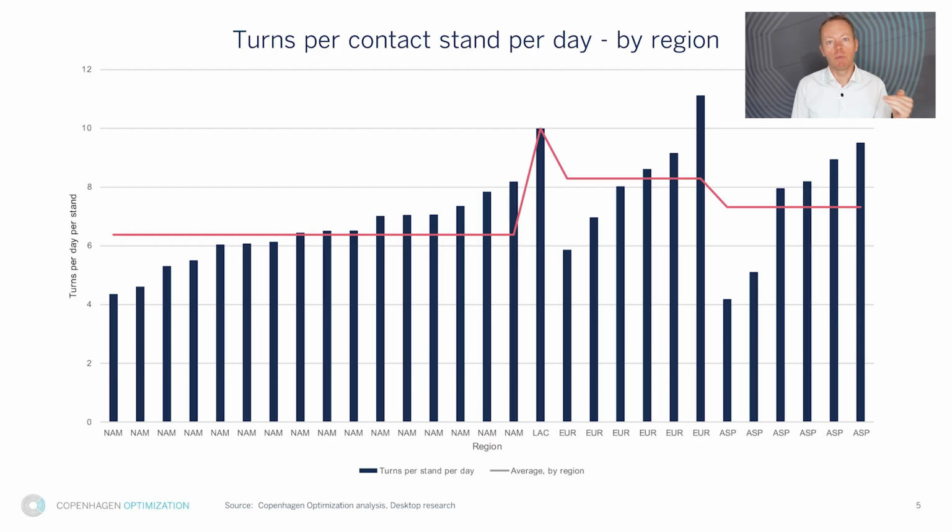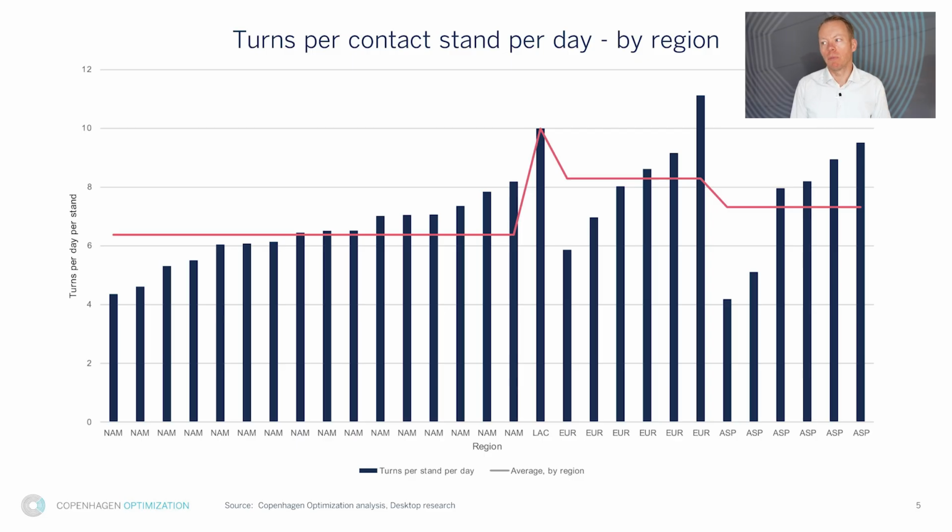If we look at the North American region, there's an average of just over 6 turns per stand per day, with the lowest one all the way down to 4, and the top one just over 8. If we then go on to the European region, there's an average almost one third higher than in North America, just over 8 turns per stand, which indicates there may be some high efficiencies here.